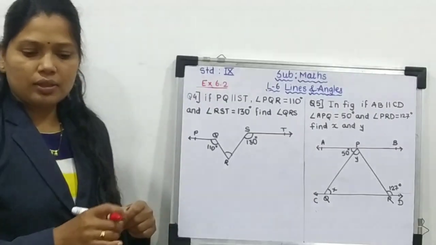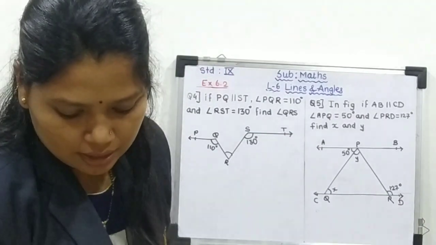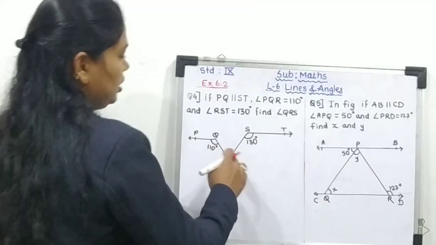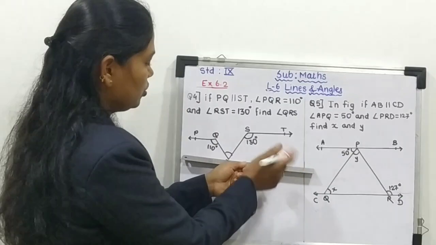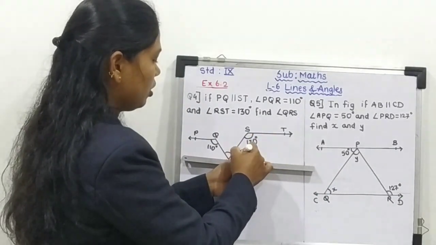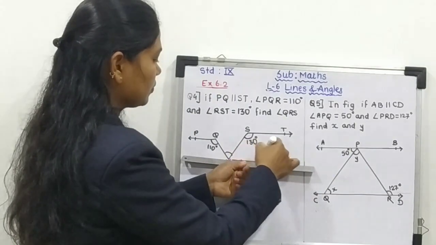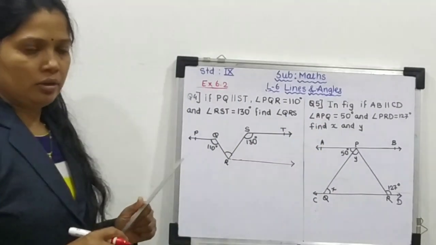In the question itself, one hint is given. What is the hint? Draw a line parallel to ST through point R. From the point R, we are going to draw a parallel line. So you will also draw a parallel line. I will draw it; you can draw it with a dotted line, right?